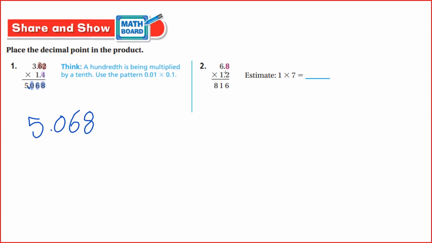And for 1.2? 1. So where you have to put the decimal point? After how many digits? No, you have to say 1 and 1. 1 plus 1, 2. So 1, 2. So it will be here now. So it's going to be 8.60. Is it clear, Haneen?